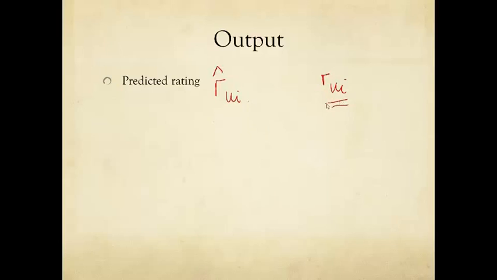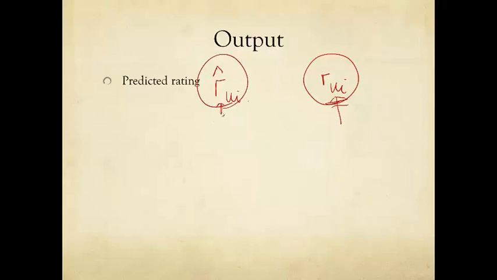In that case, you know the ground truth, so you can compare your prediction r̂_ui and the actual r_ui. But of course, in the real operation of Netflix, they don't know the ground truth. That's why they want to recommend that movie to you. So you just have to believe that if it works well in the test set where you know the ground truth, it's going to work well in other parts of the system too.